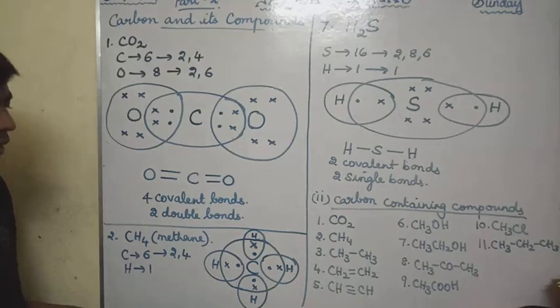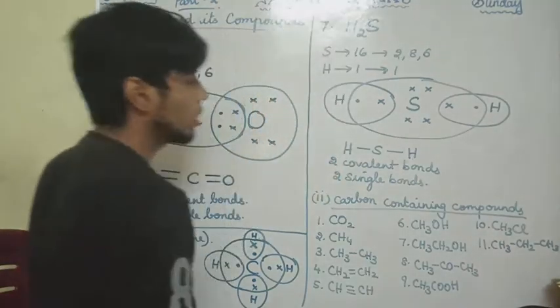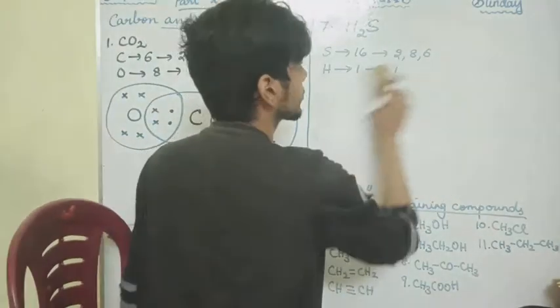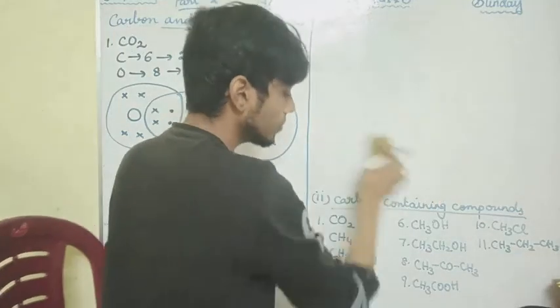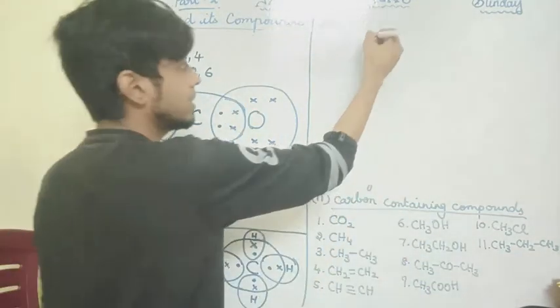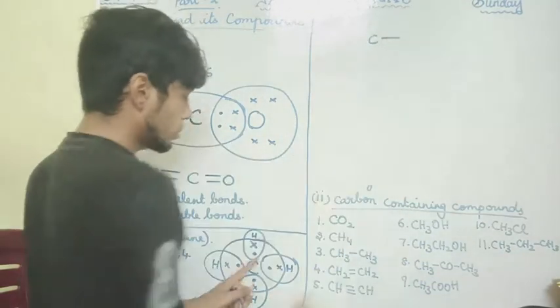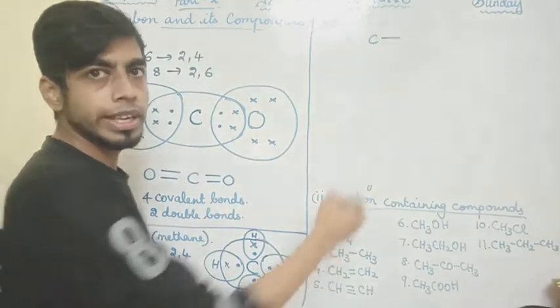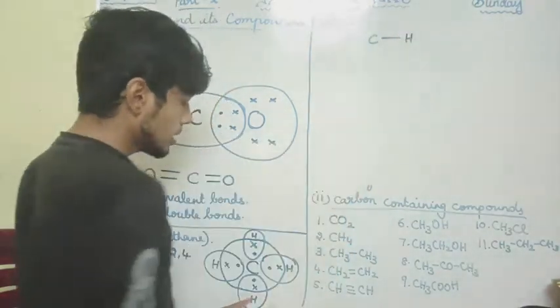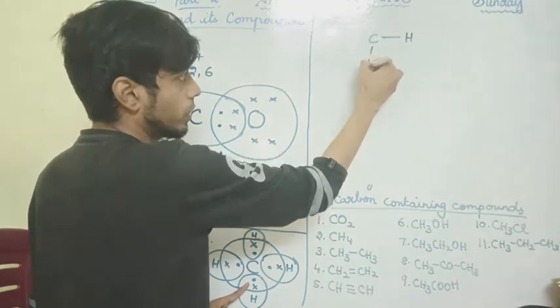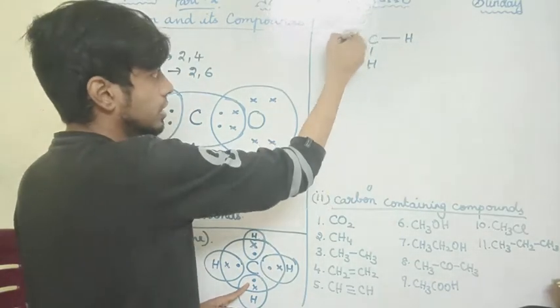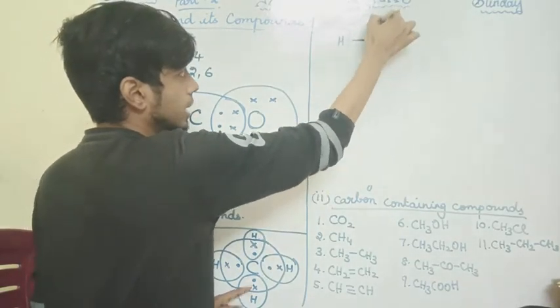Okay. So how the bonds are present, we will draw. You can see carbon is in the middle. So these 2 electrons will form 1 bond with 1 hydrogen. These 2 electrons will form 1 bond with 1 hydrogen. And this side 1 hydrogen and this side 1 hydrogen.